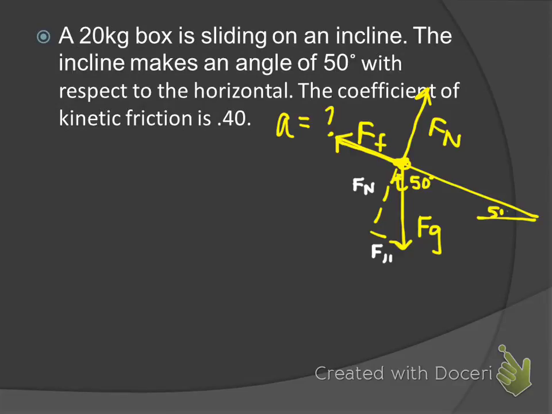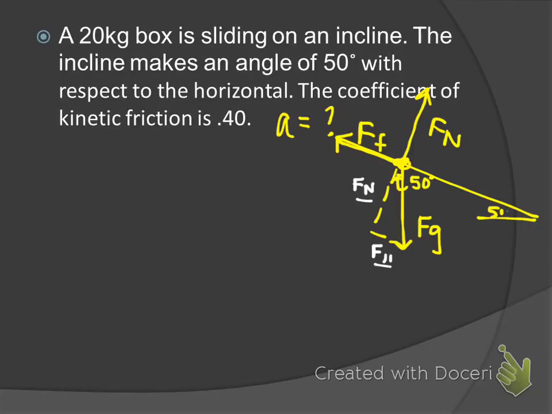Now, since we're solving with friction, we have to take into account the normal force, so we have to have both of those things. When you're looking at incline problems, it's never going to hurt you to solve for everything just to start. But that's totally up to you.